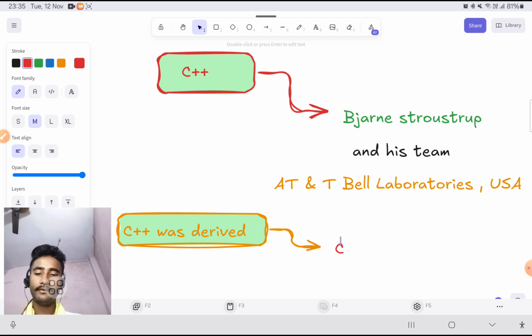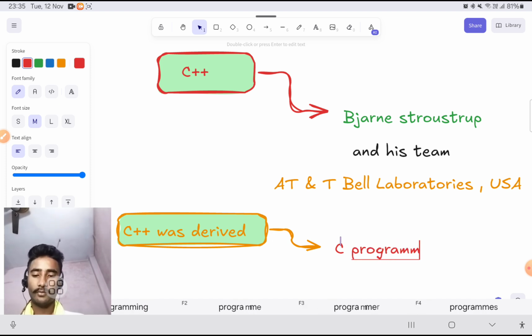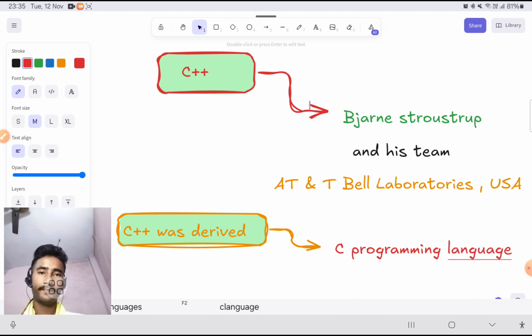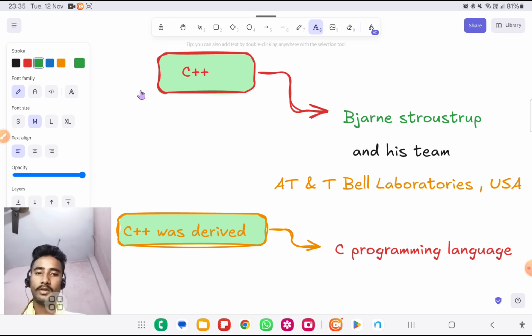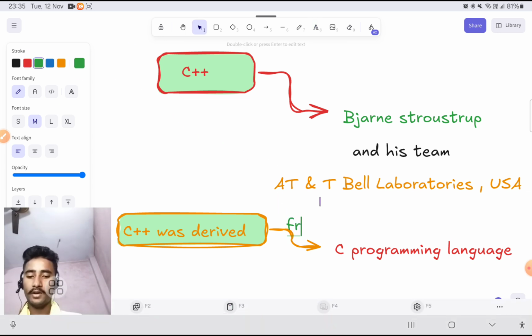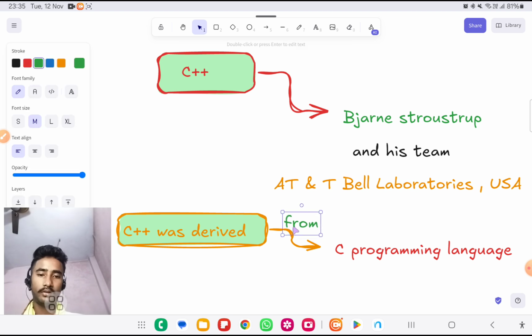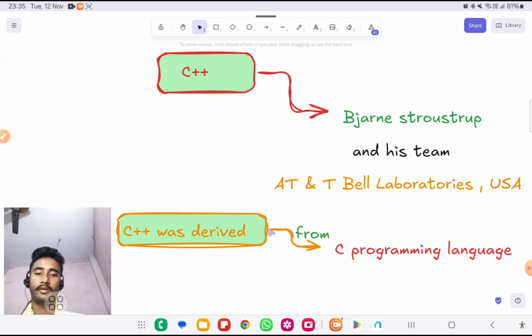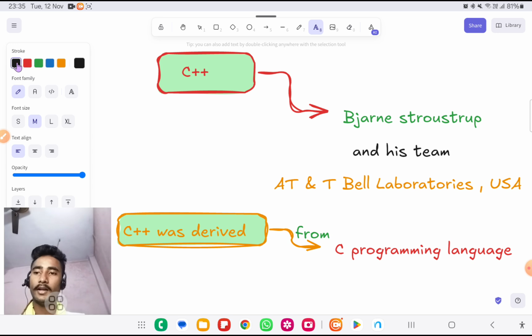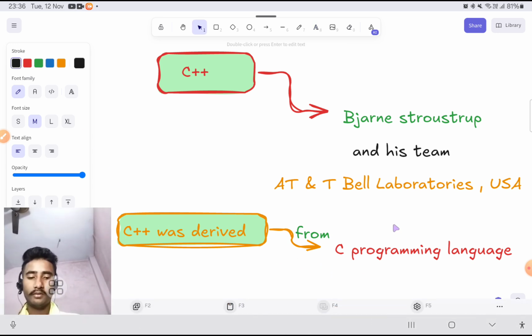C++ was derived from C programming language. The ++ is the increment operator.